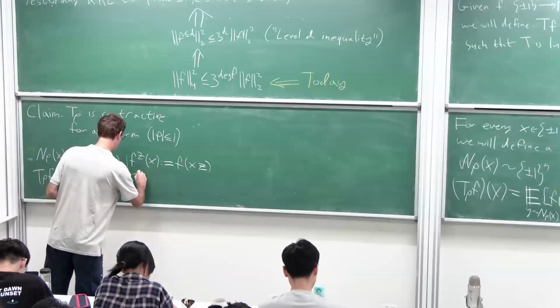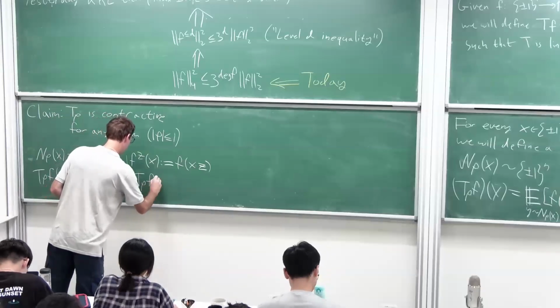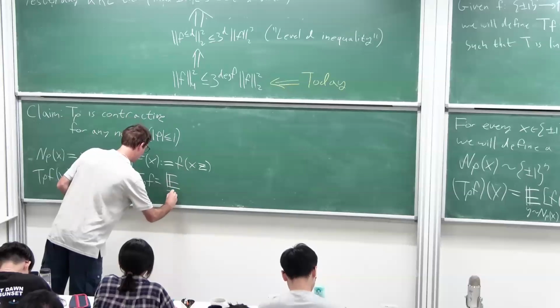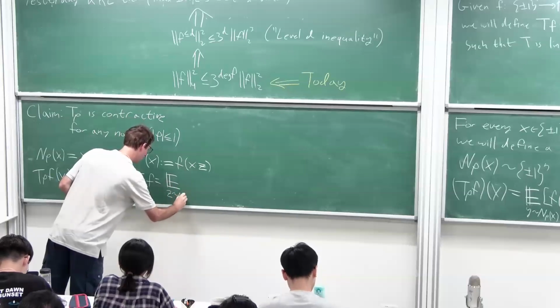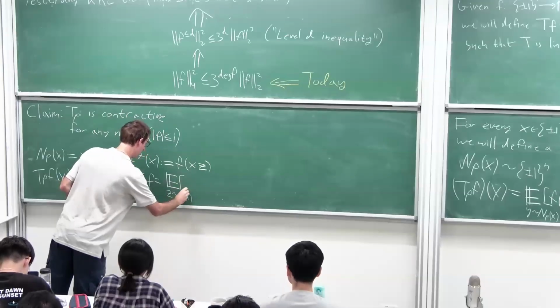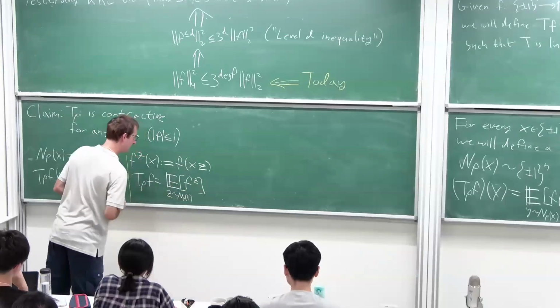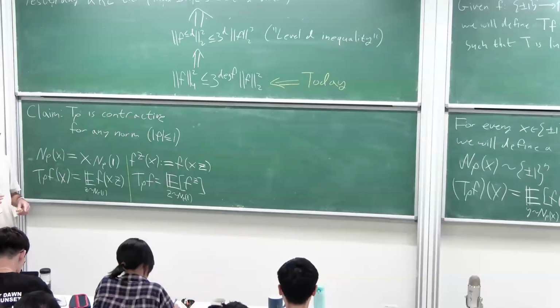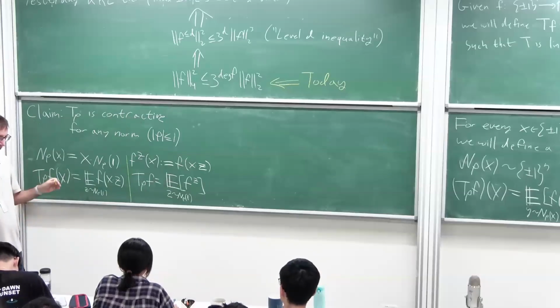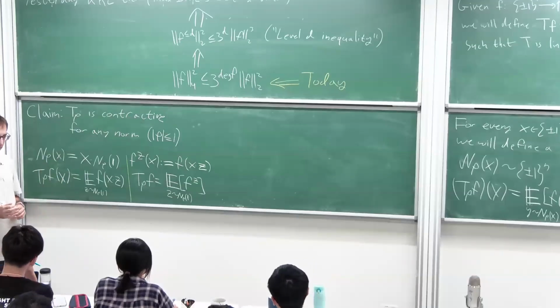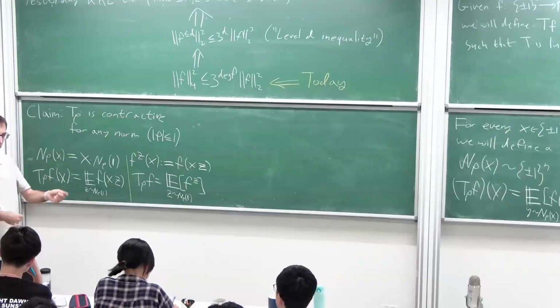Then T rho f is the expectation over z, which is sampled according to N rho of 1, of f_z. So it's just an average of many shifted versions of f. We're just switching the order of summation or something.